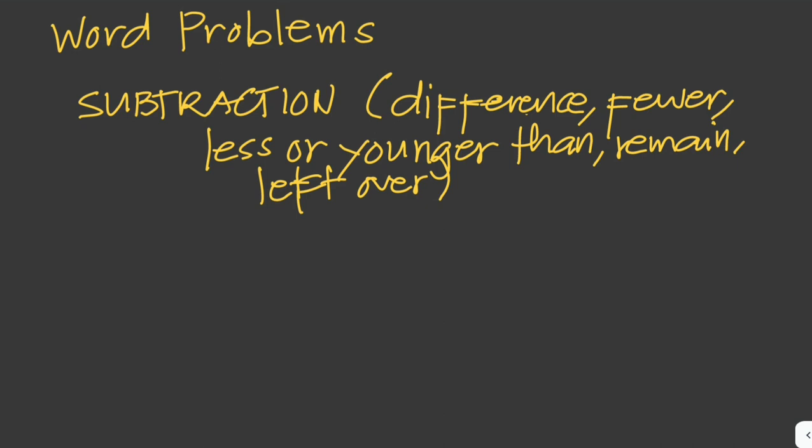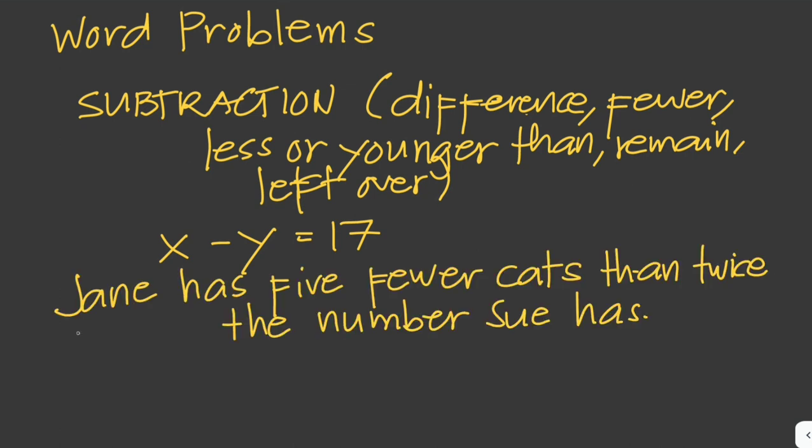Okay, say for example, the difference between two numbers is 17. You can write that as x minus y equals 17. Or Jane has 5 fewer cats than twice the number Sue has.